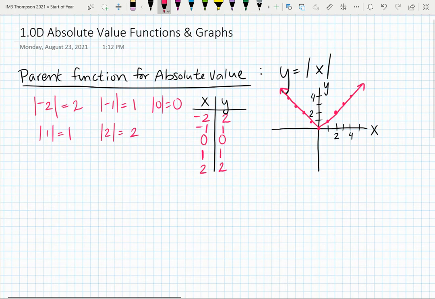So they'll be nice and straight. My vertex is right there at the origin, (0, 0). The vertex of a graph is the point where the graph changes direction.